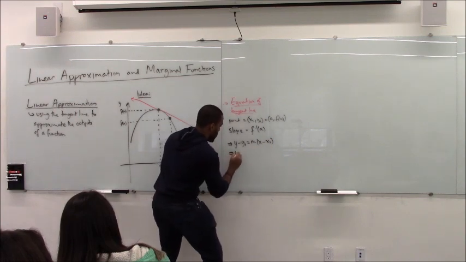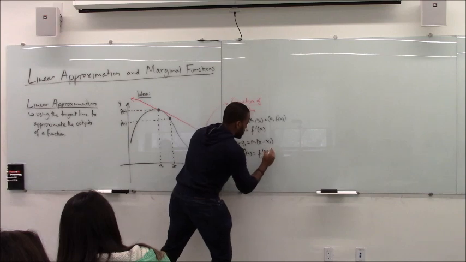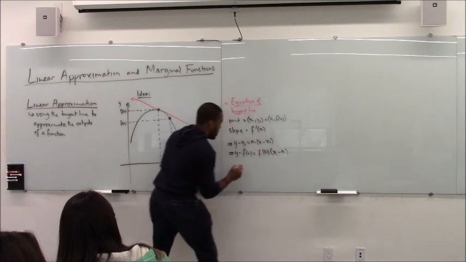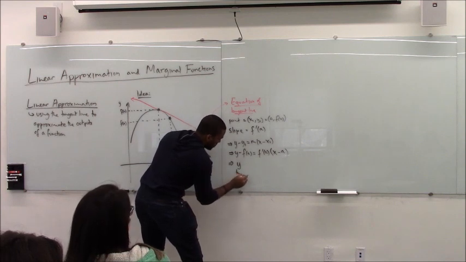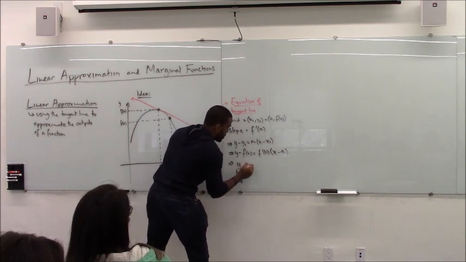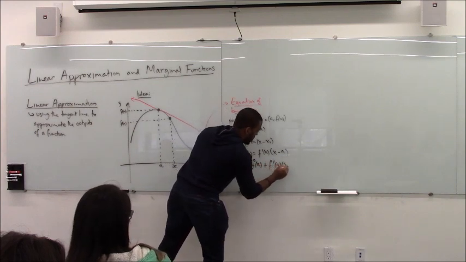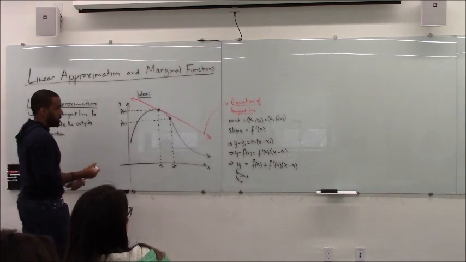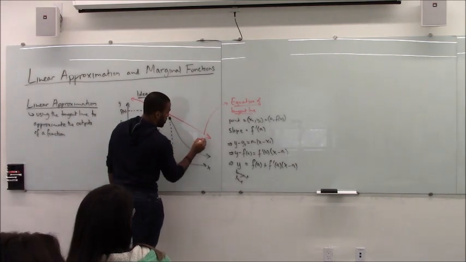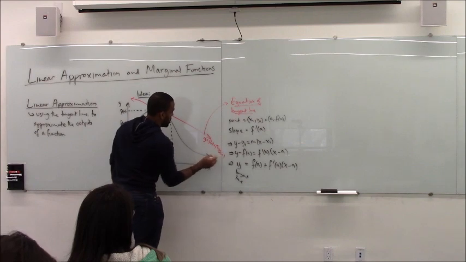This would be y minus f of a equals f prime of a times x minus a, and so your y for the tangent line is actually going to be equal to f of a plus f prime of a times x minus a. So that's going to be the equation of this line right here. So this is y equals f of a plus f prime of a times x minus a.